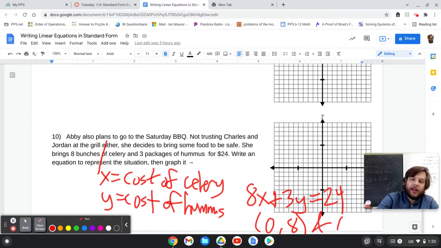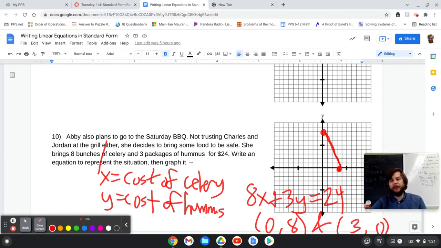Similarly, if I imagine that the hummus is for free, so the y value is 0, then I know that the x value has to be 3 because 24 divided by 8 is 3. And those become my y-intercept and my x-intercept right there. And there's the combinations that are in between.